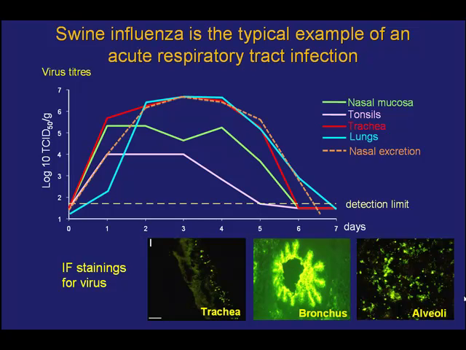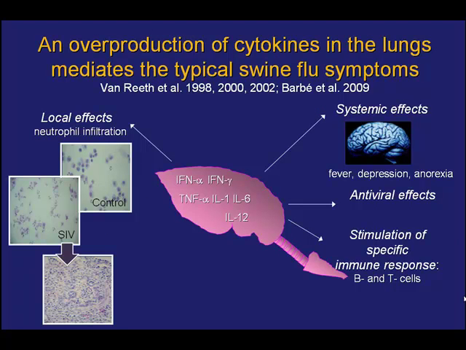This is also illustrated by these immunofluorescence stainings for the virus, which show large numbers of virus-positive cells in the bronchi. We find slightly lower amounts of virus and fewer positive cells in the nasal mucosa and the nasopharyngeal tissues. And as early as 6 or 7 days after the inoculation, the virus is completely eliminated.